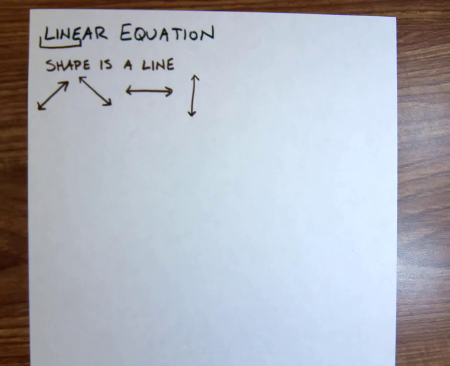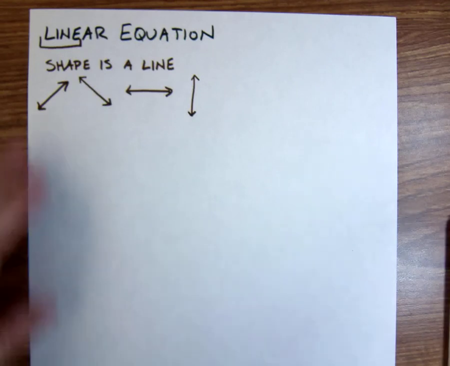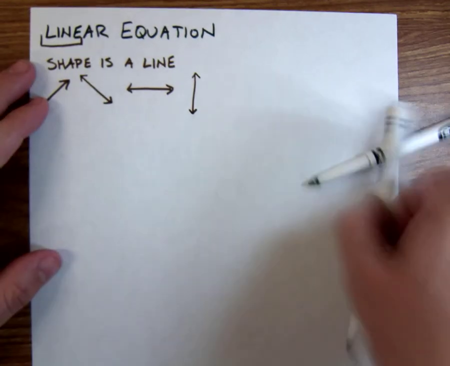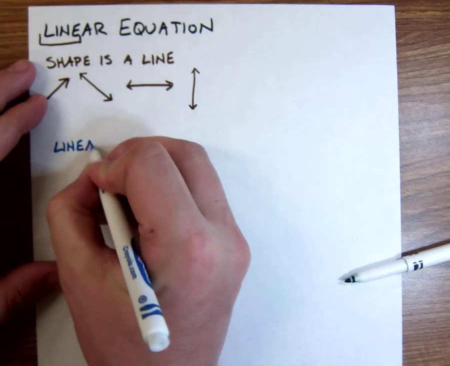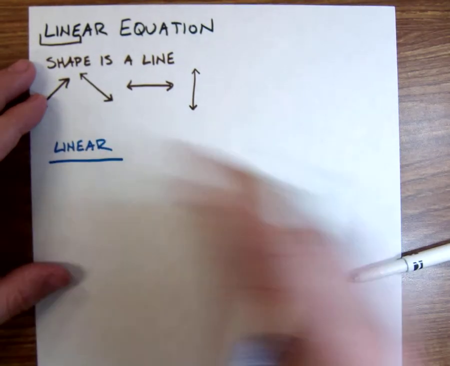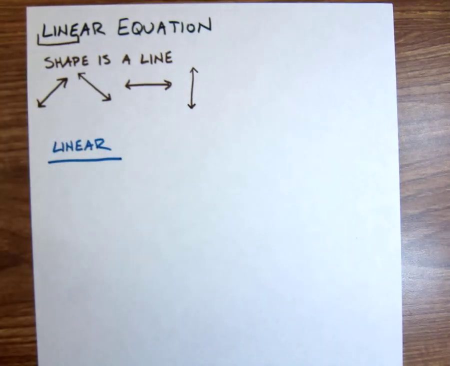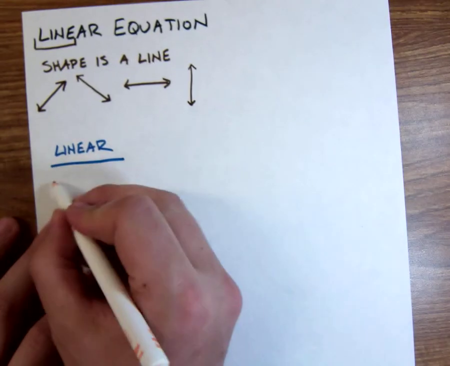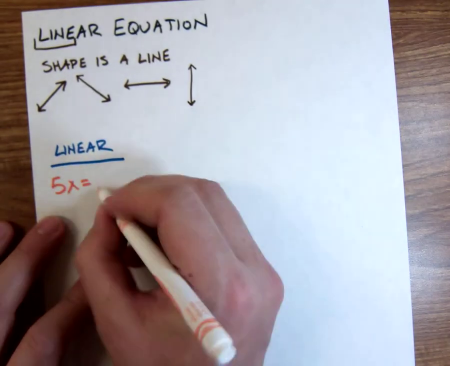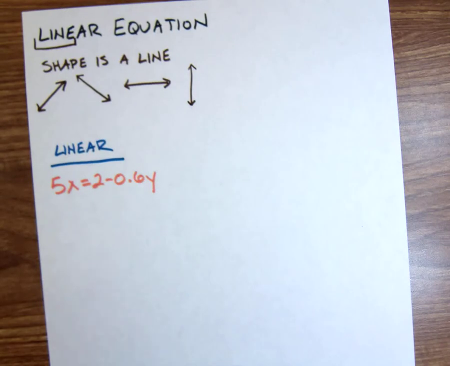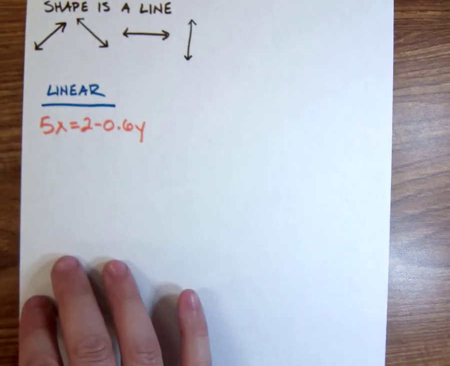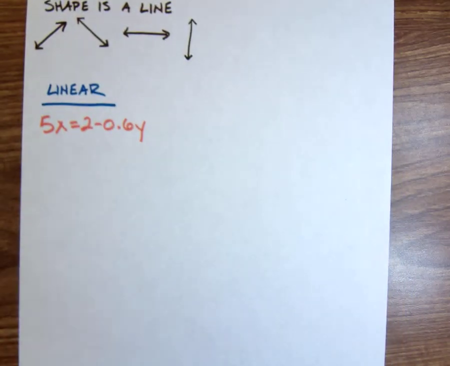Now, what do I mean by weird? Let me give you an example of something that's not weird. I'm going to put this in the linear column. Something that's totally normal for x would be a problem like this. That is a linear equation because the x is being multiplied by 5 and that's it.